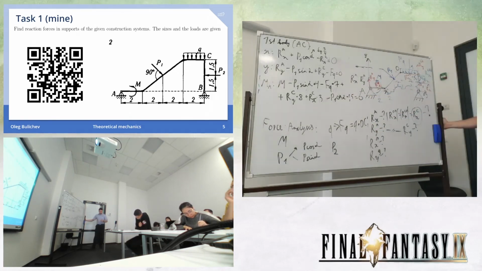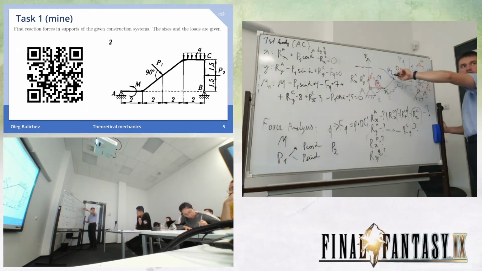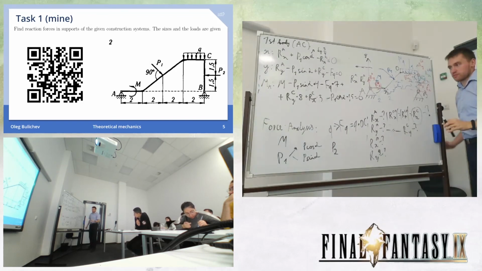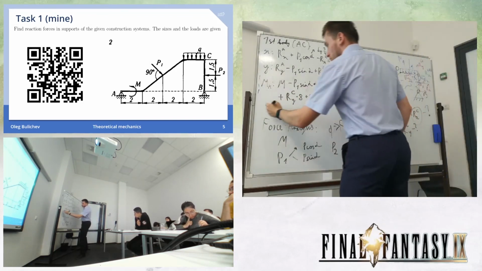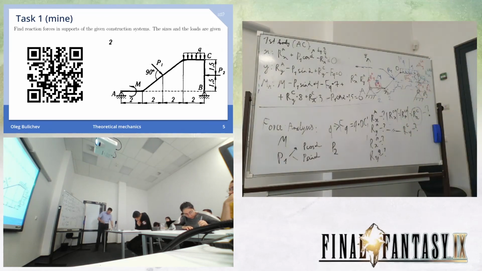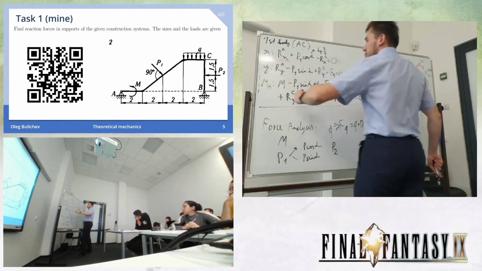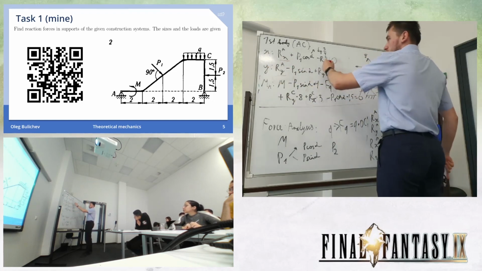Where is X? There. And Y there. So we wrote it one way. Let's see. We don't know this one, what else?